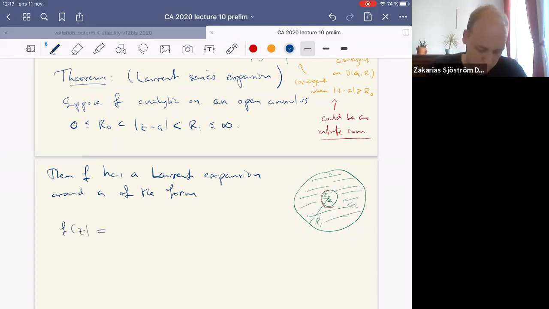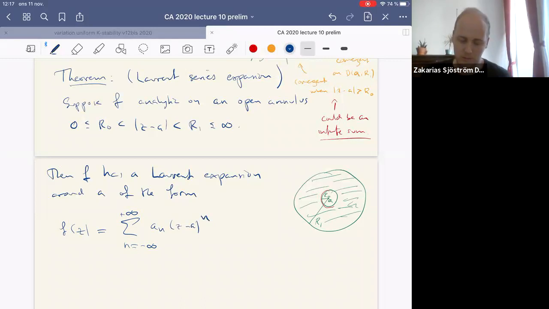f of z, which is the sum from n equals minus infinity to plus infinity, like this. So this relates again to your question, that it could be an infinite sum.